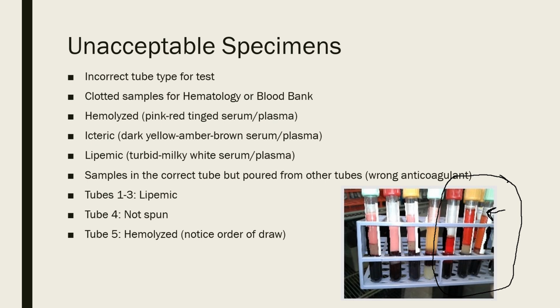A specimen that is lipemic is going to have a milky appearance to it. So these specimens here, these first three, they're actually lipemic and hemolyzed. You can see that little pink tinge to it. So those little fat particles that are in that specimen, you see this a lot if someone has eaten a big breakfast.